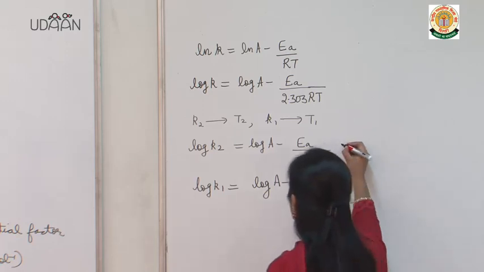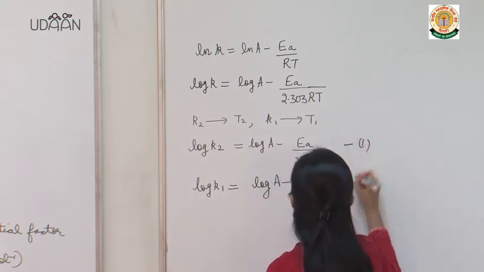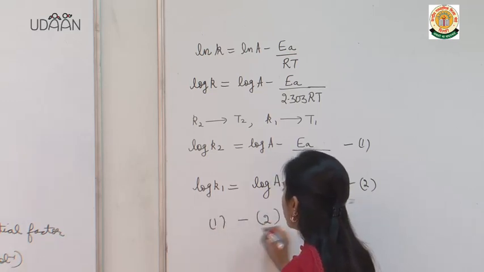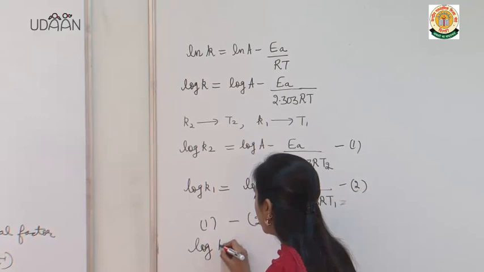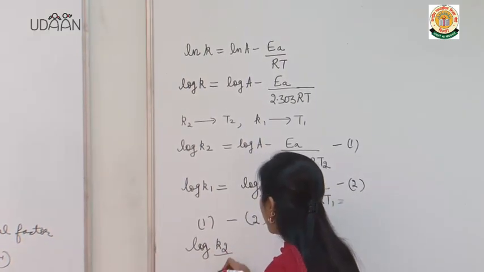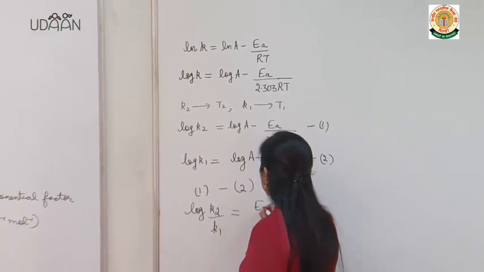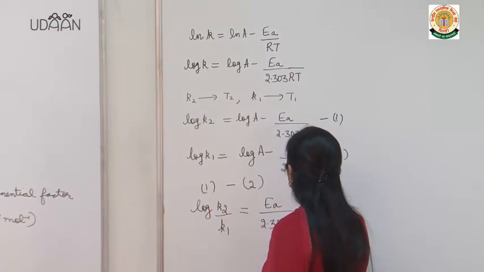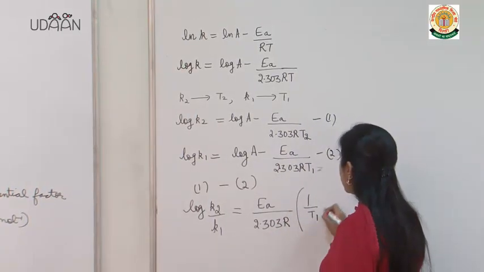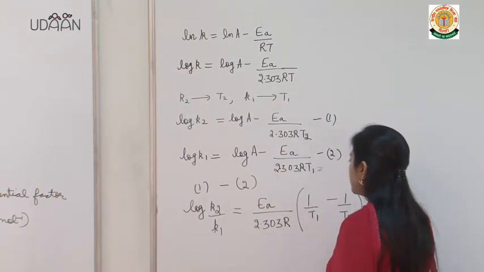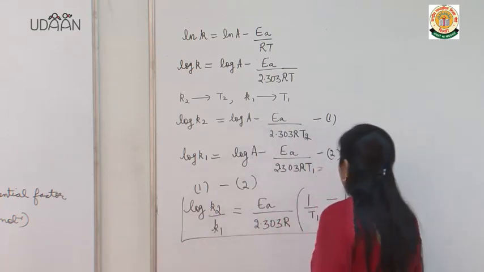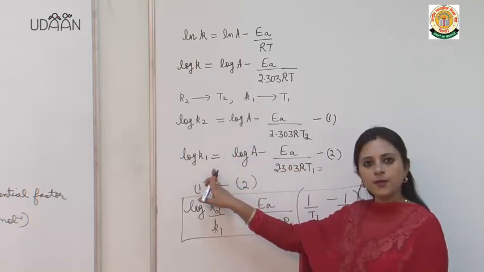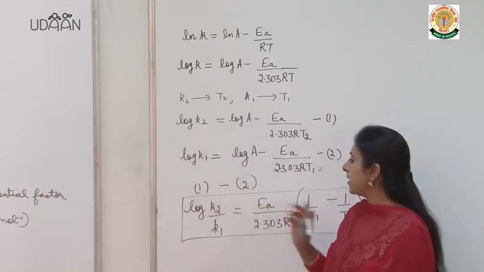Now if I subtract, I say that this is 1 and this is 2. 1 minus 2 करने पर what will I get? I will get log k2/k1 = Ea/(2.303 R) (1/T1 - 1/T2). So this is the formula which I will get, because log k2 - log k1 = log k2/k1.